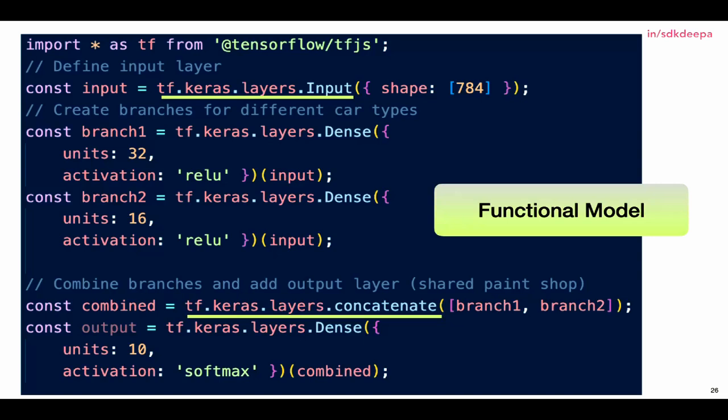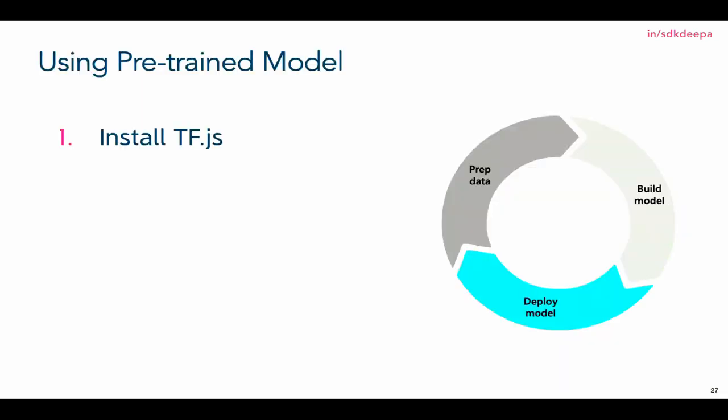I'm just giving you a vague analogy here. So understand that this is a little bit more complex one, but if you want to start with something, you can start with a sequential model. But this does give you a lot of flexibility to create your own custom architecture too.